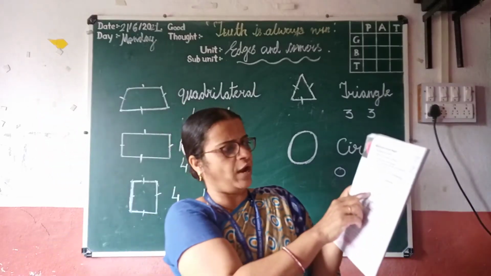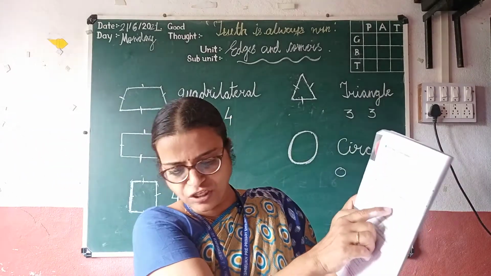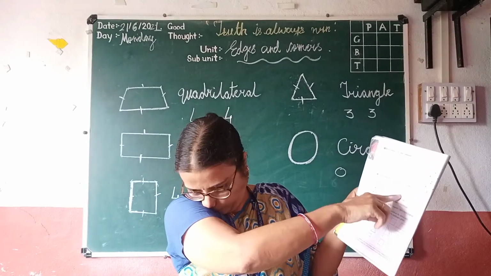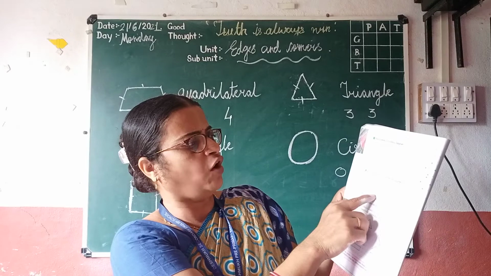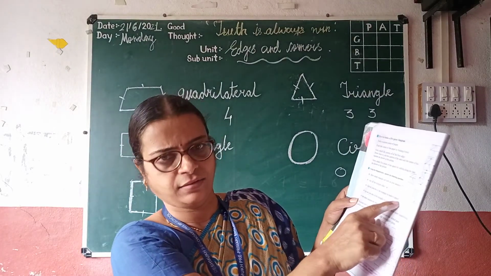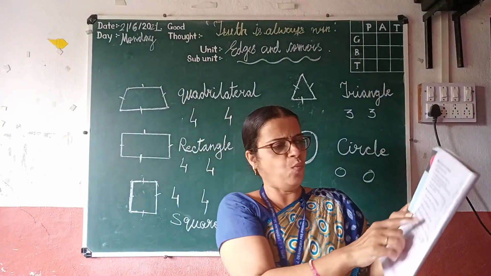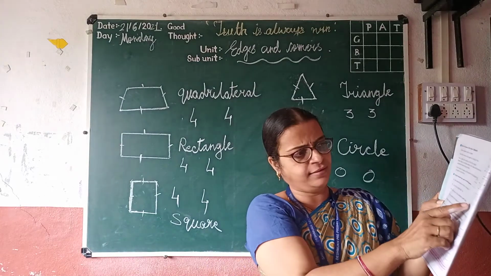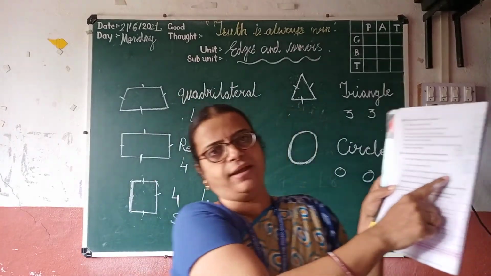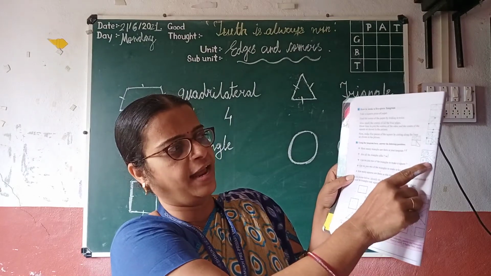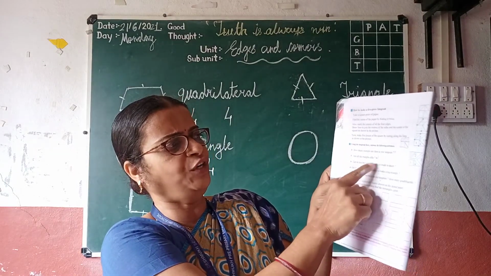Then, can we join two of the triangles to make a square? See here. Triangle 1 and triangle 4 join together to make a square.